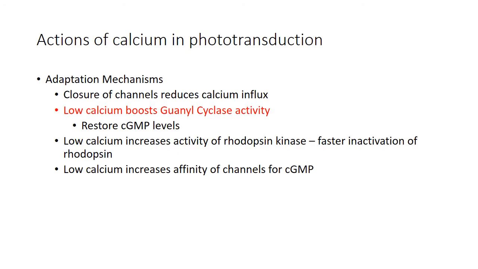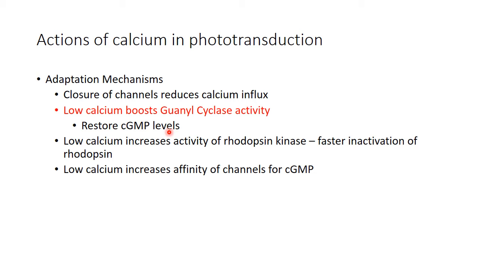Now, calcium has many different effects in photoreceptors. First of all, low levels of calcium increase the activity of guanylyl cyclase inside of these cells. This increase in guanylyl cyclase activity will increase the levels of cyclic GMP and therefore will reopen these channels.